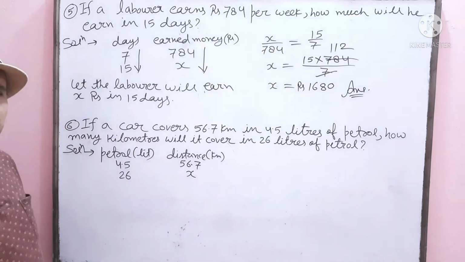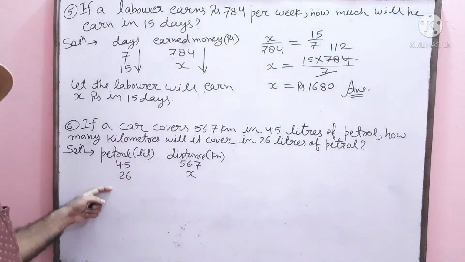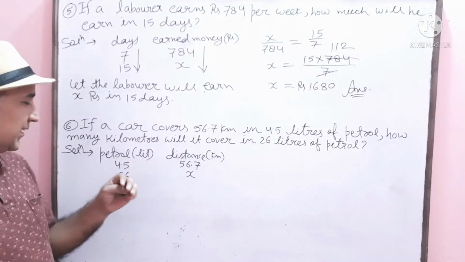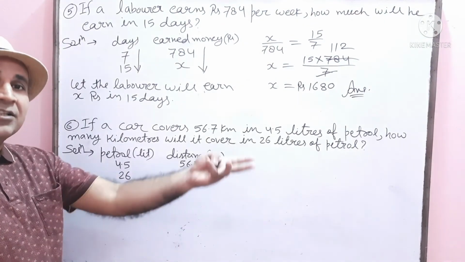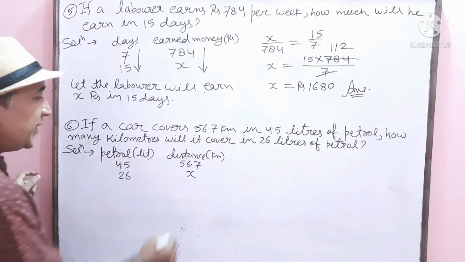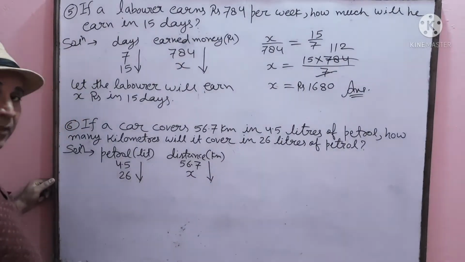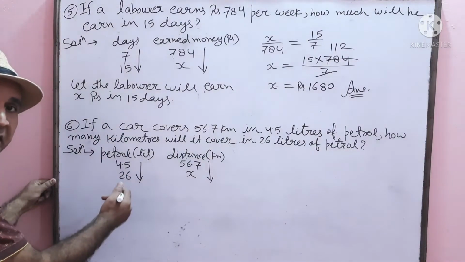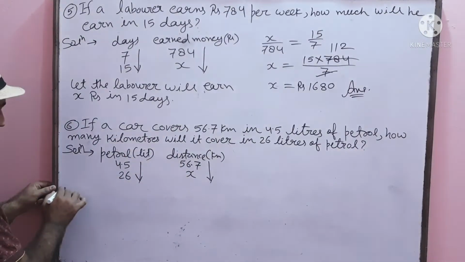Now check the relation. If you take more petrol in your vehicle, definitely the vehicle will cover more distance, which means there is direct variation, because one quantity is increasing, so the second is also increasing. Write down the statement.